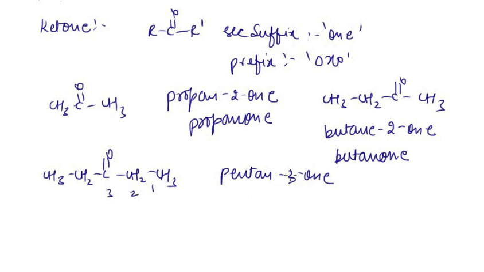Pentane 3 one. This is the primary suffix, and this is the secondary suffix we use, and the principal function group. Now if we go to a compound like this, where the cyclohexane alkane is present, then it is cyclohexanone.